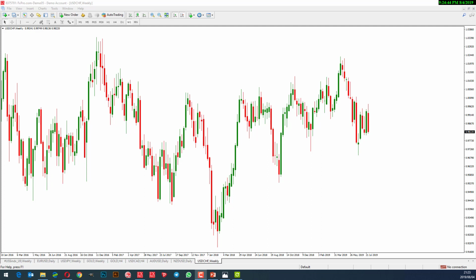Bearish engulf. So market is moving to the upside. So that means you are getting green candles to the upside, right?